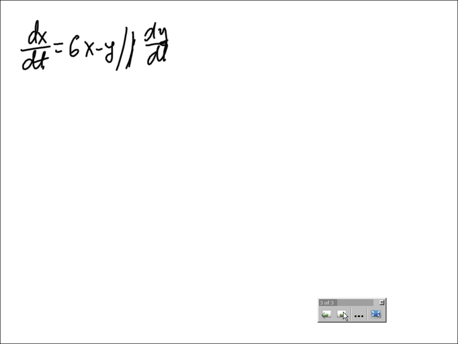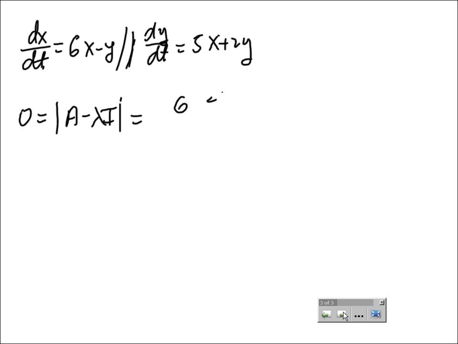dy/dt is 5x plus 2y. So let us find the characteristic equation by setting 0 equal to the determinant of A minus lambda I. Well, here is a 6, negative 1, 5, 2. And all I do is go to the diagonal entries and take away lambda.